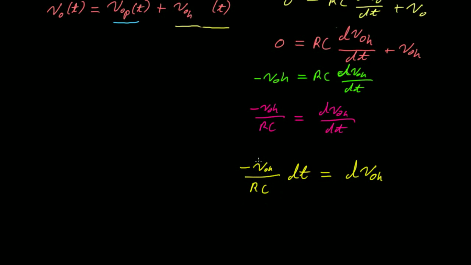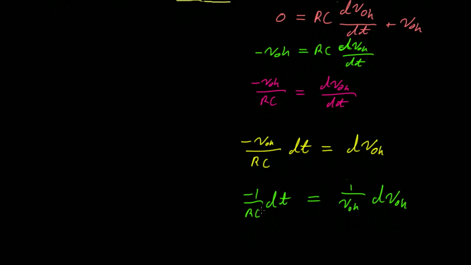So I end up with minus 1 over RC dt is equal to 1 over VOH d VOH. So we've got dt over here, and dVOH and VOH over here. We have separated this differential equation into a form where we can integrate both sides, and the integral is going to work out very nicely.